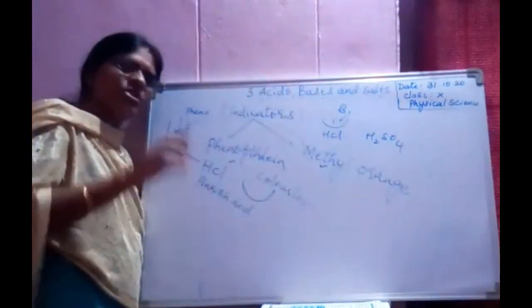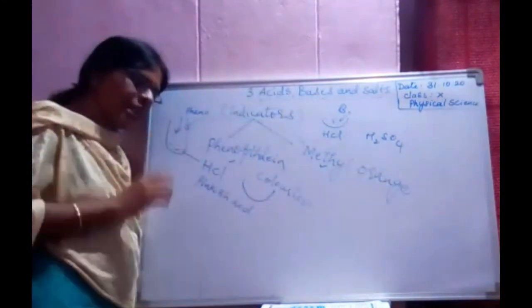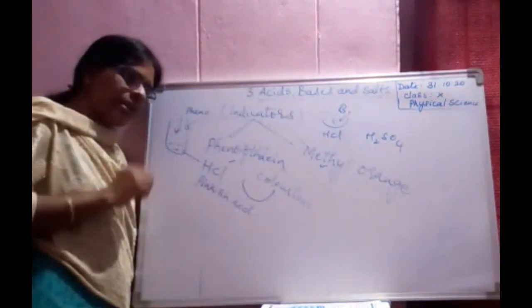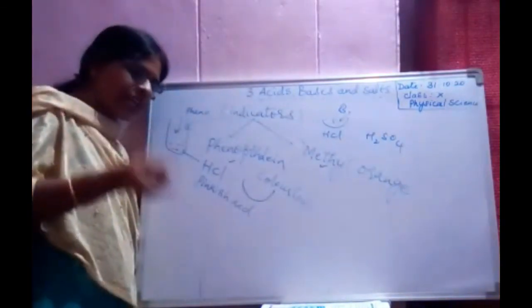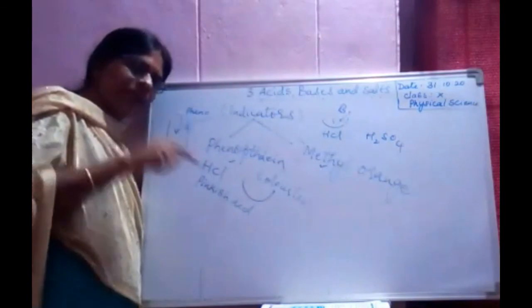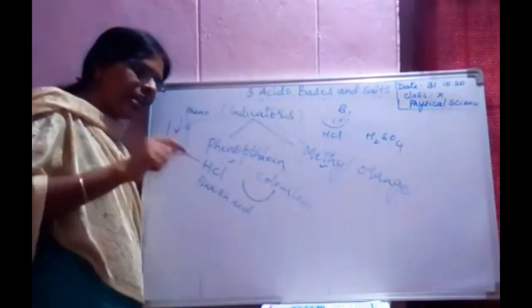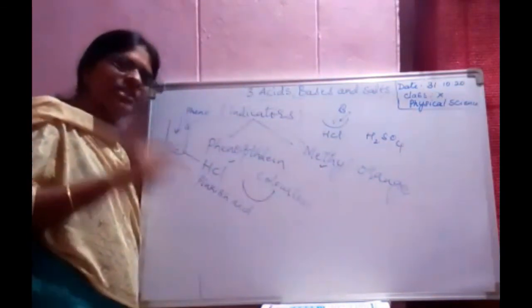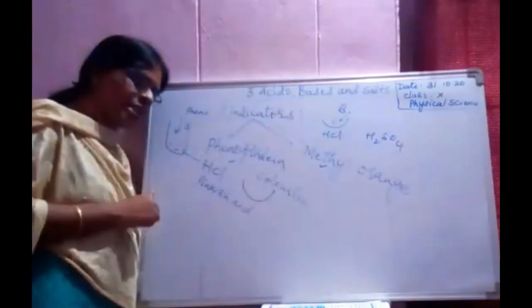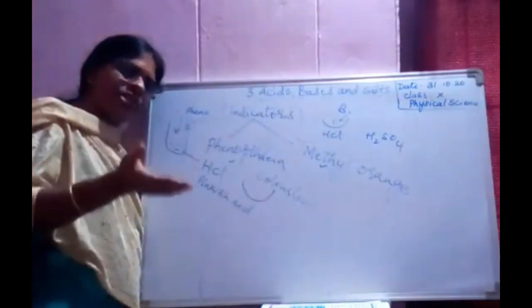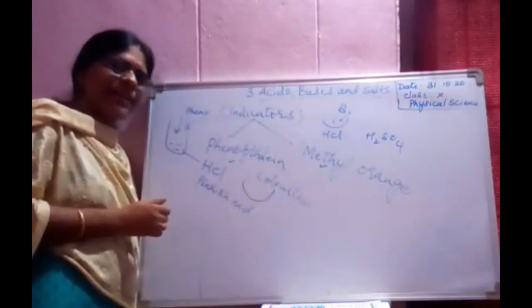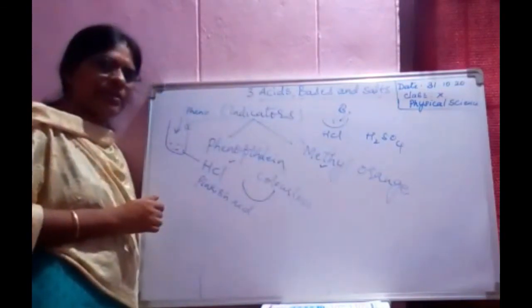NaOH is sodium hydroxide. Okay. Magnesium hydroxide. KOH is potassium hydroxide. NH4OH is ammonium hydroxide. Ca(OH)2 is calcium hydroxide.